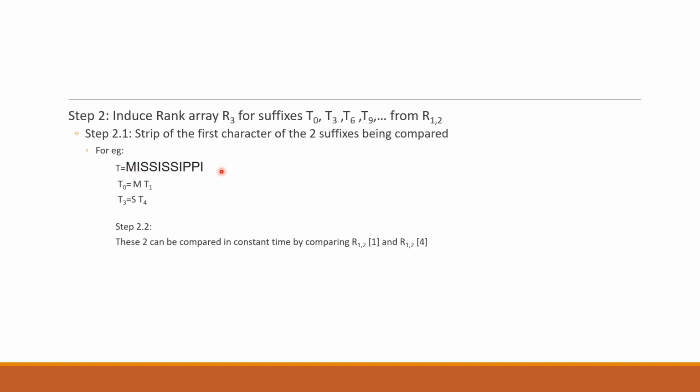So the rest is T1 and the first character is M. T3 is stripping off the second character, that is M is 0th, I is first, then this S is the second, so we strip off this character, and the rest of the string is T4. So then we can compare these two suffixes in constant time.